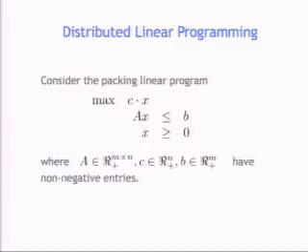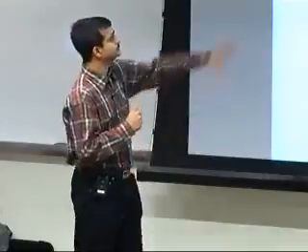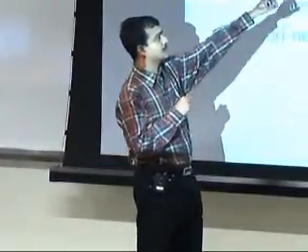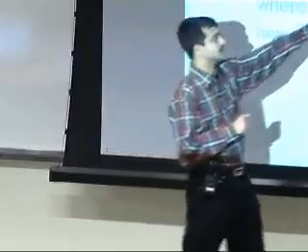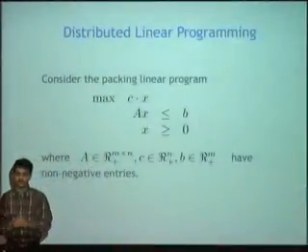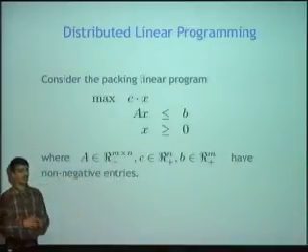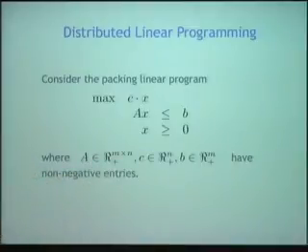Now, as I said, the flow control problem was really an instance of a packing linear program, and we can in fact talk slightly in more generality about packing linear programs. So here is a linear program where we want to maximize a linear function c dot x subject to some packing constraints Ax less than or equal to b, and all the coefficients in A, c and b are non-negative, and we work with the same model.